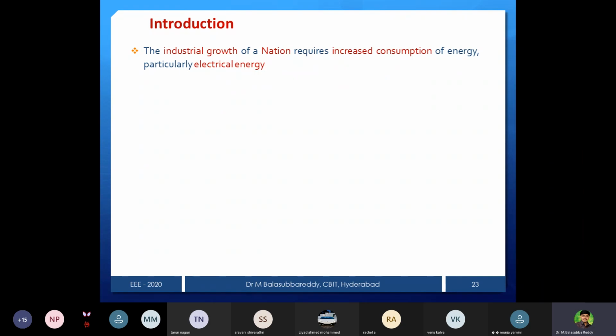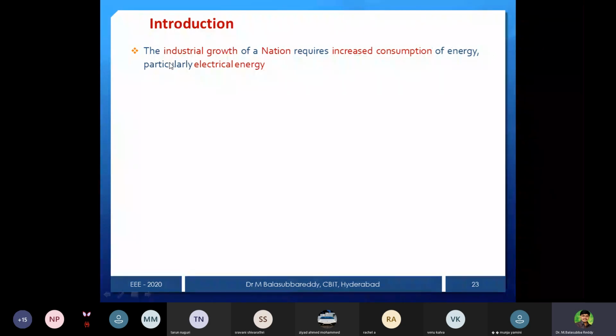So if the growth is more and more, automatically power consumption will be more. That is so in houses also. You consider below poverty line, and then middle class and the upper class. If they see their consumption bill, that shows their capability or their richness. So that is what they mentioned here.